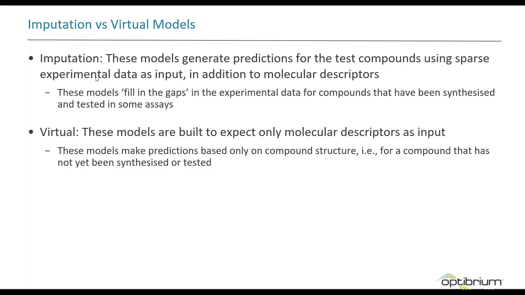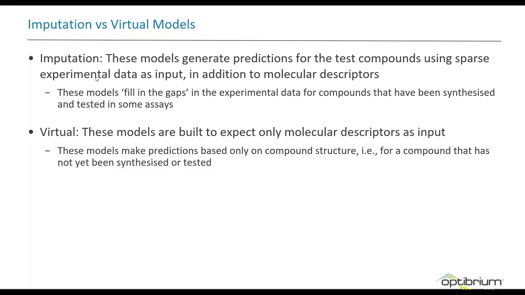Whereas a virtual model is used in cases where we want to generate predictions for compounds that have not been tested or sensitized, so we don't have any experimental data for these compounds, and the models are built to expect only molecular descriptors as input.